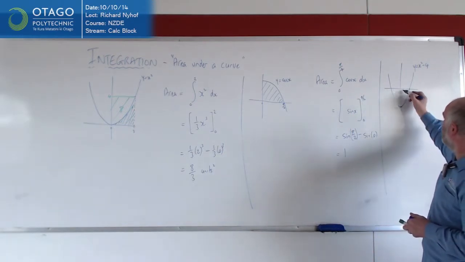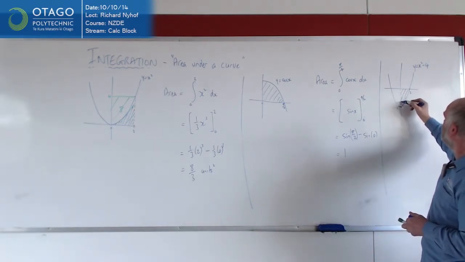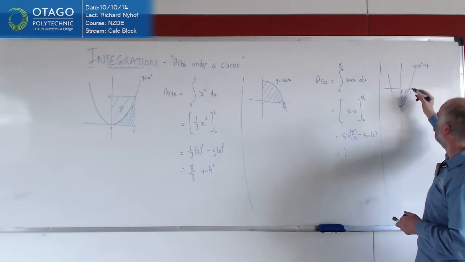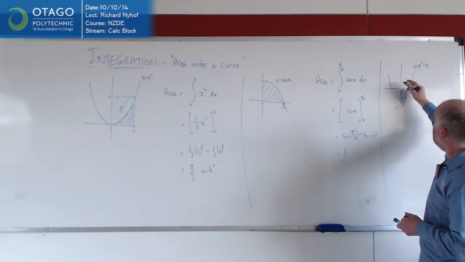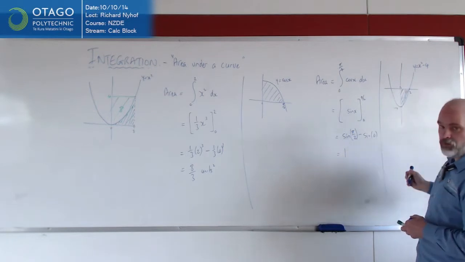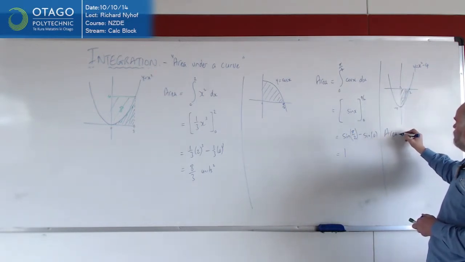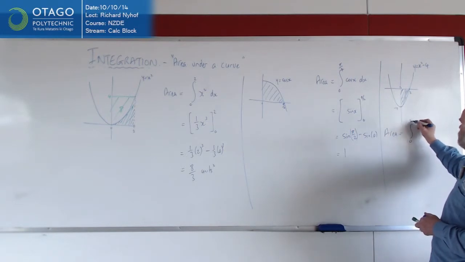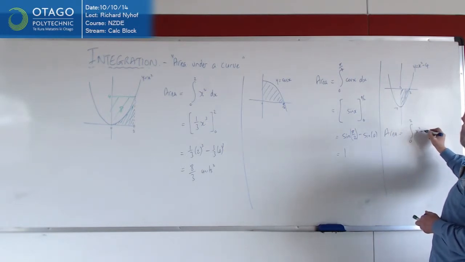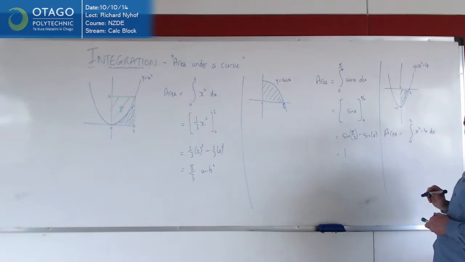And we're going to try and find this area here. What's going to happen? So again, we're going from 0 to 2, and we're trying to find this area under here. So the area should be the integral from 0 to 2 of x squared minus 4 dx.